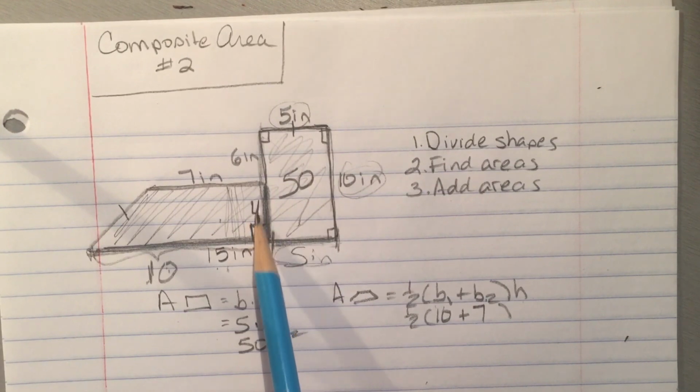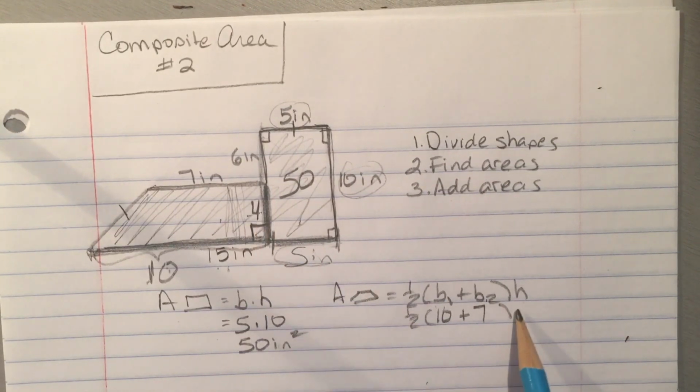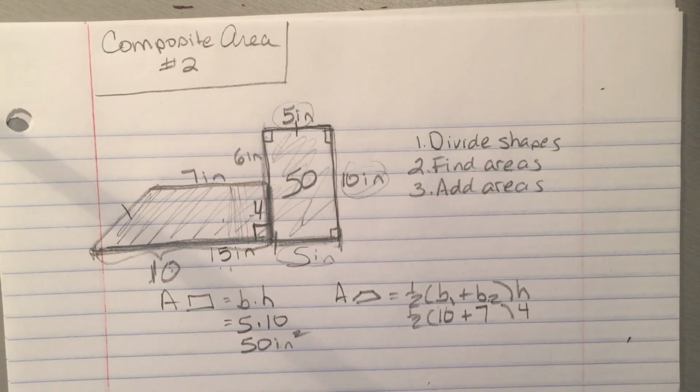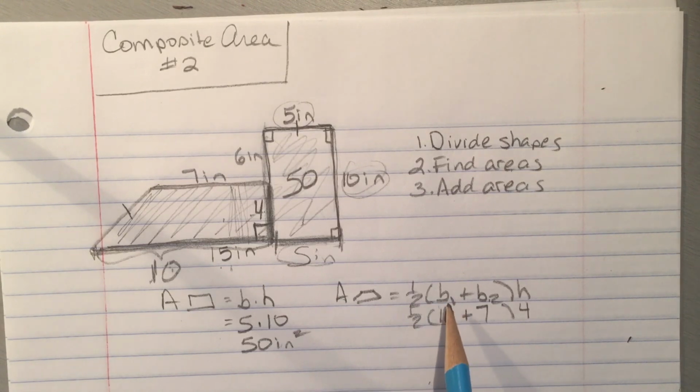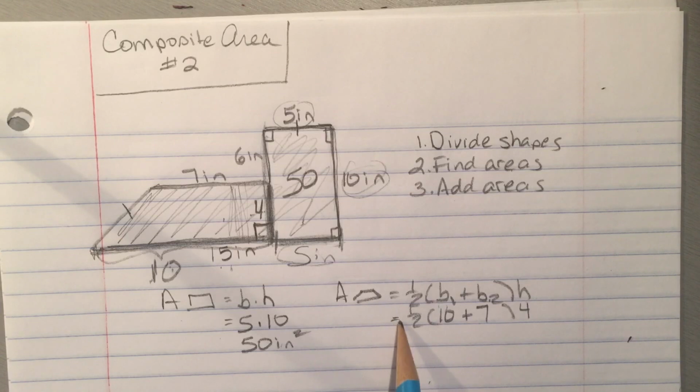So the height of this trapezoid is 4. Now I have all the numbers that I needed for my formula, base 1, base 2, and height. So I can go ahead and find the area of my trapezoid. 1/2 times 10 plus 7, which is 17, times 4.